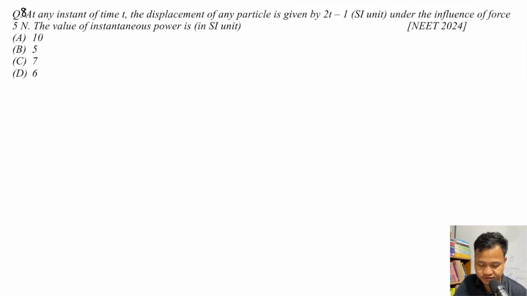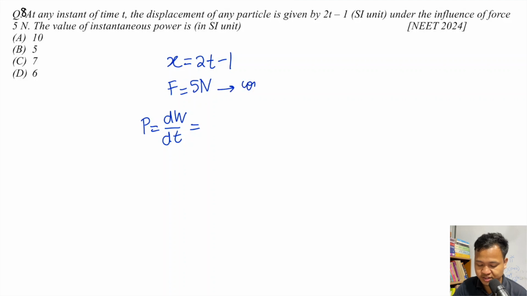First question, NEET 2024. The given displacement is 2t minus 1, under the influence of a force of 5 Newton. The question asks for instantaneous power. Instantaneous power means dW by dt, that is force into displacement. Force is constant, it is a number.